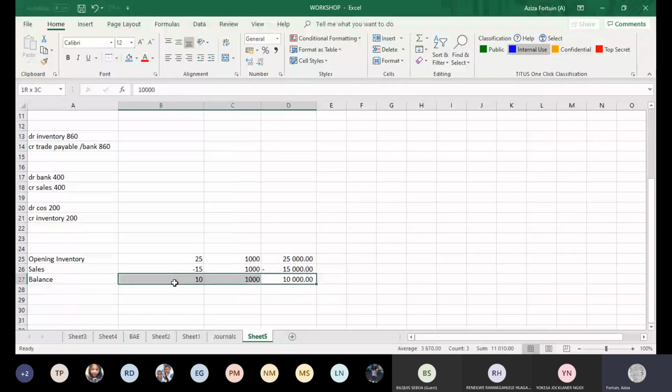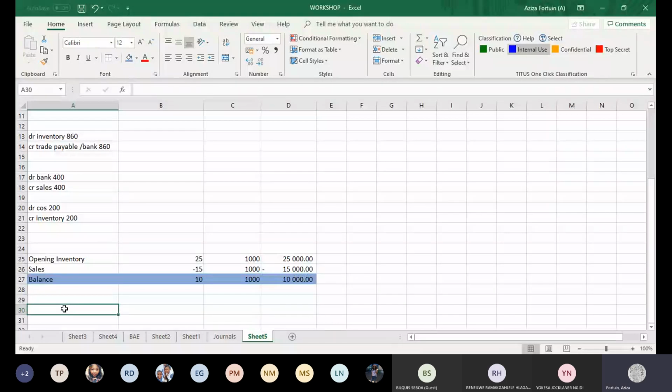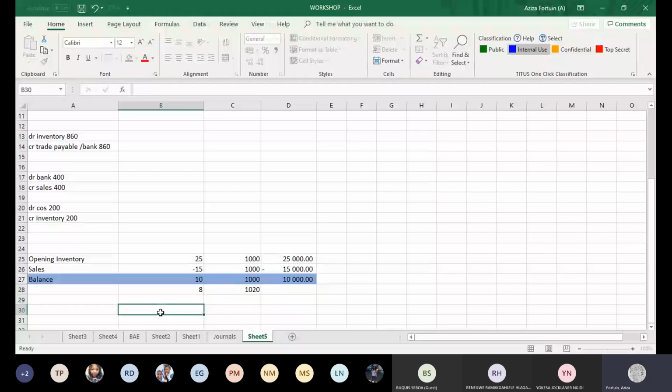Let me just highlight these balances. Okay, let's continue now. You're going to do it for me. On the 2nd of April, you purchased 8 units at 10.20. So what do I put in here? My 8 units at 10.20, and that was purchases.